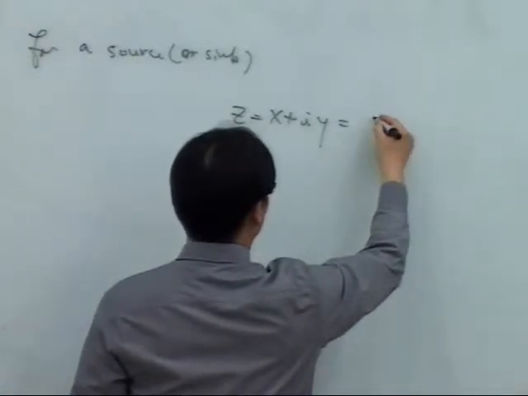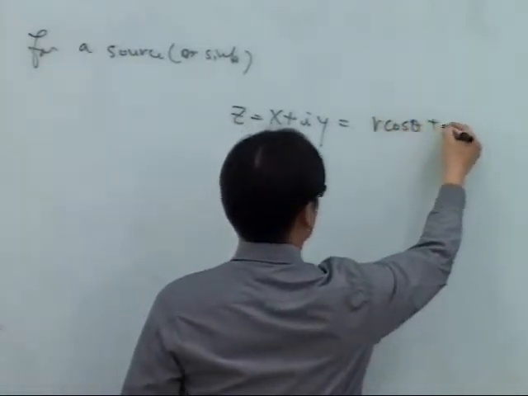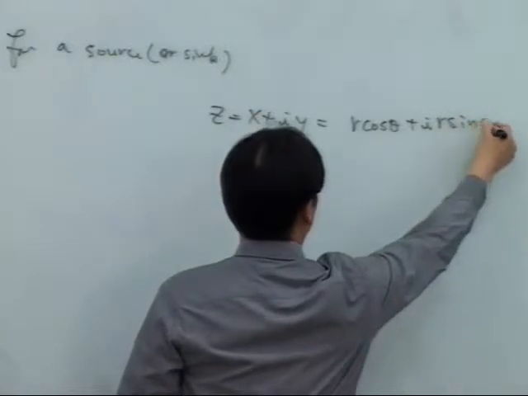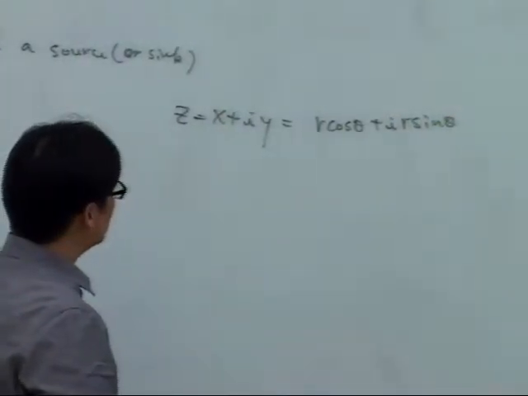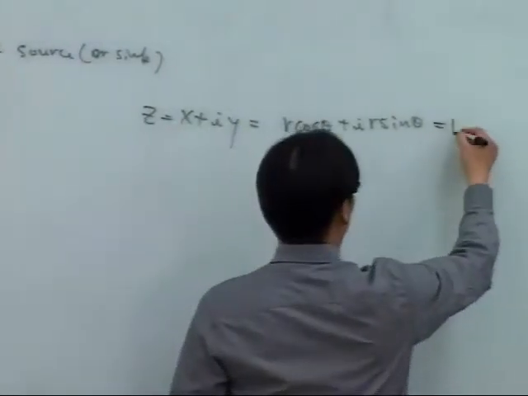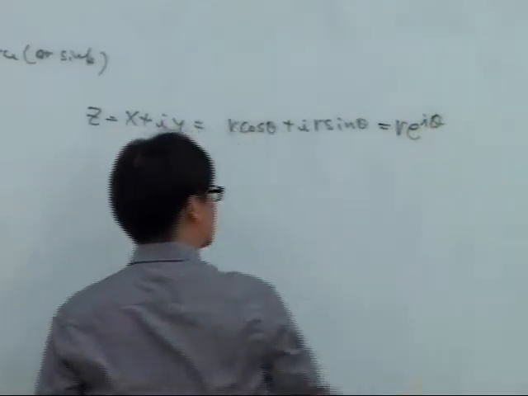So z is r cosine theta plus i r sine theta, and this is nothing but r e to the i theta.